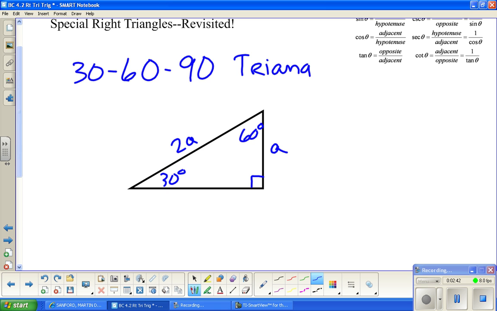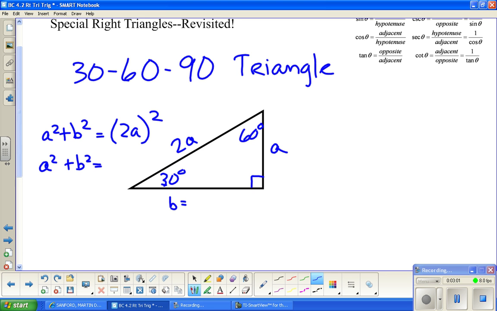The 90 is kind of redundant since the angles have to add up to 180 anyway. Just for a second, I'm going to call this side b, and we're going to solve for what that is. So a squared plus b squared is equal to 2a squared. I'm just doing this to remind you of all of the ratios for a 30, 60, 90.